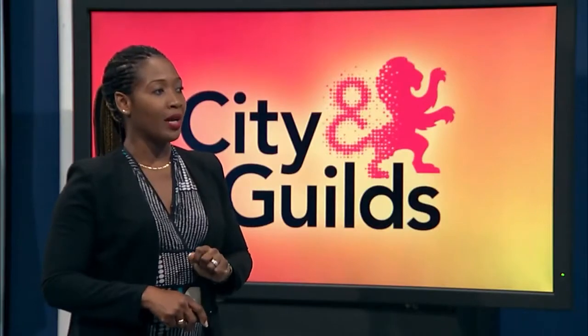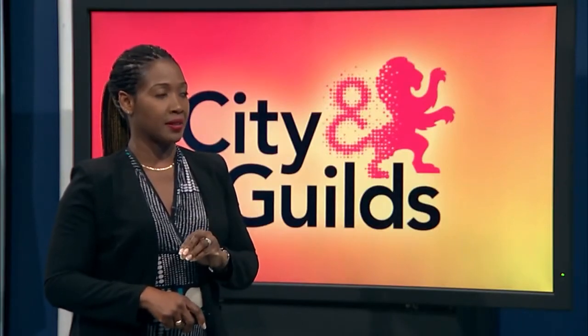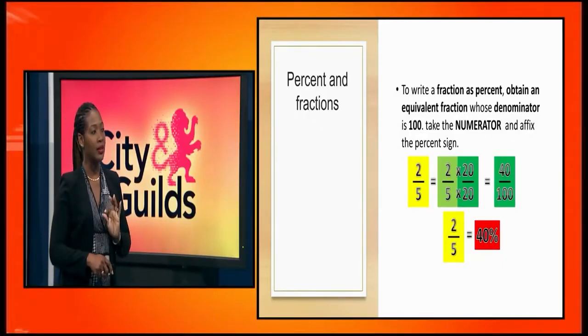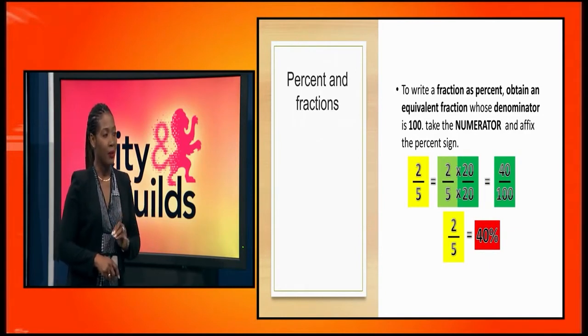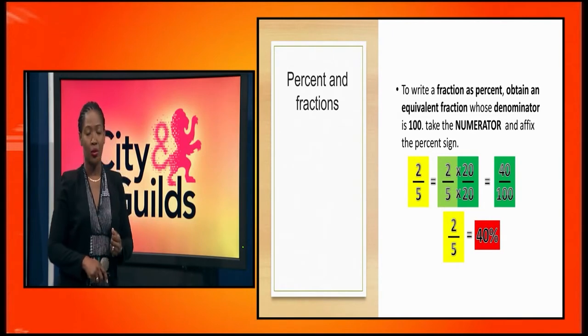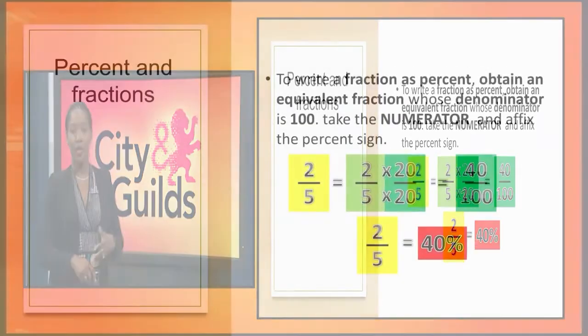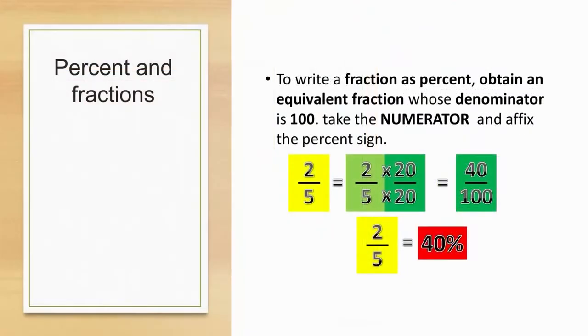So we're here now and we're looking at 2/5. We want to get the denominator to 100. 5 multiplied by 20 gets you to 100. How would we know that? We would divide 5 into 100, giving us 20. And of course, by now you should know, whatever operation you do to the denominator, you have to do to the numerator.